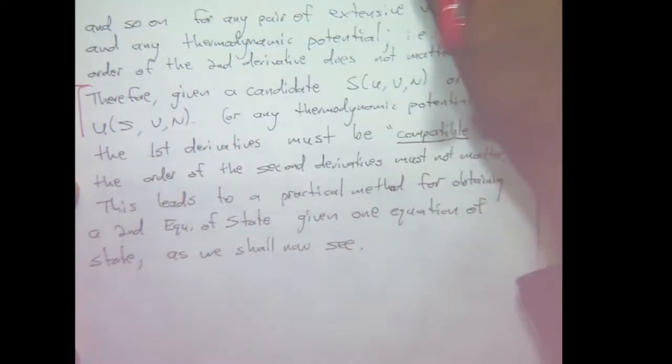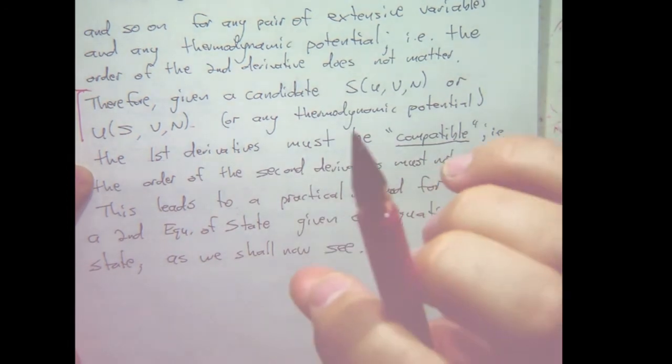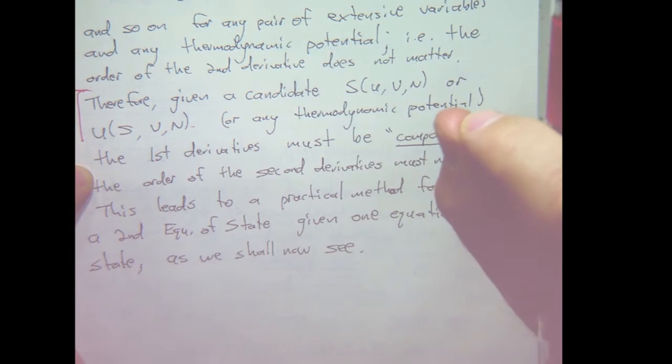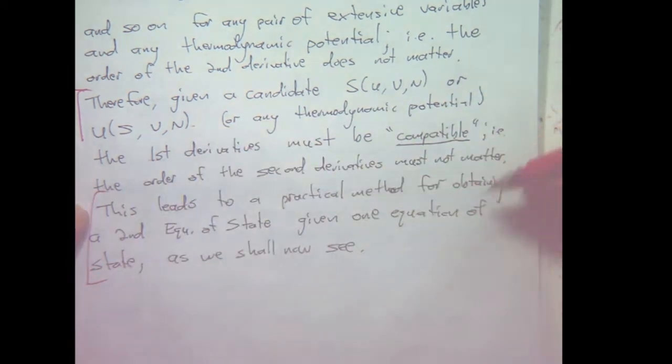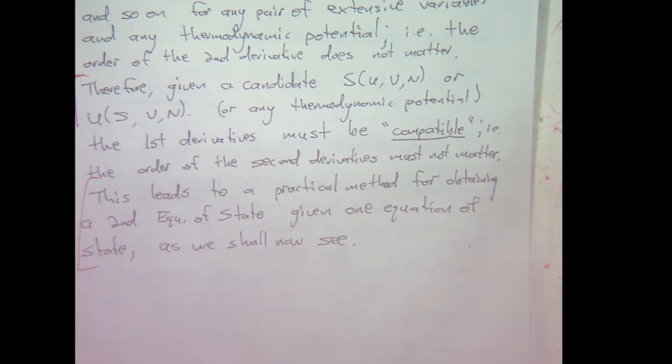In other words, if you differentiate the equations of state, the different derivatives must be equal. Okay? So this leads to a practical method for obtaining a second equation of state given one equation of state.